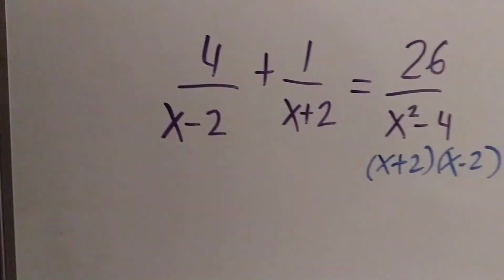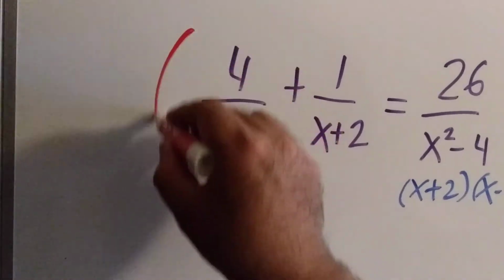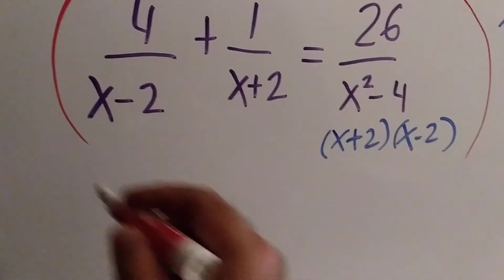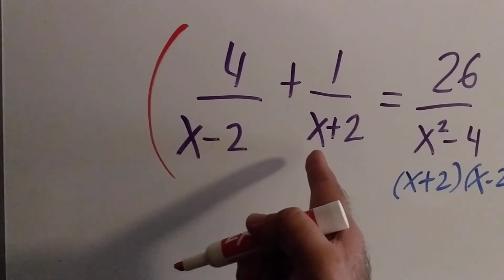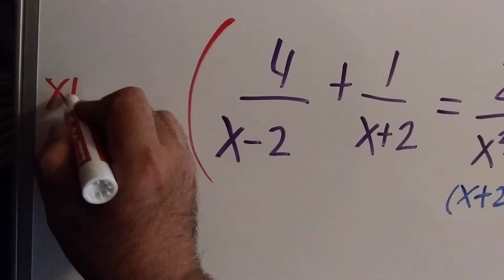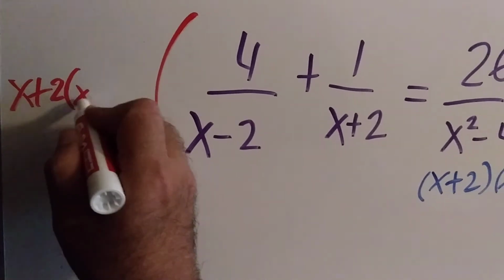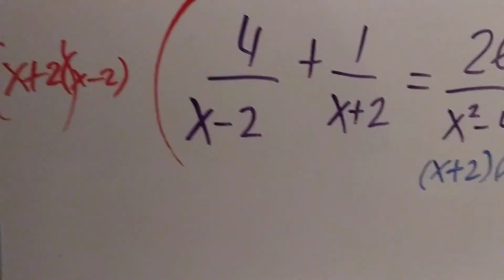Okay, so if I want to cancel my fraction, I'll put a parenthesis here big enough, and I'll say that my common denominator is going to be x minus 2 times x plus 2, right? That's what appears to be. So I'll do x plus 2, x minus 2, okay? That's my common denominator.